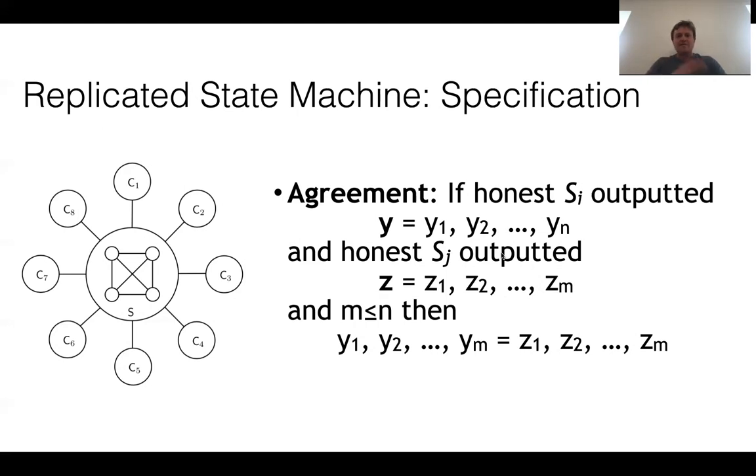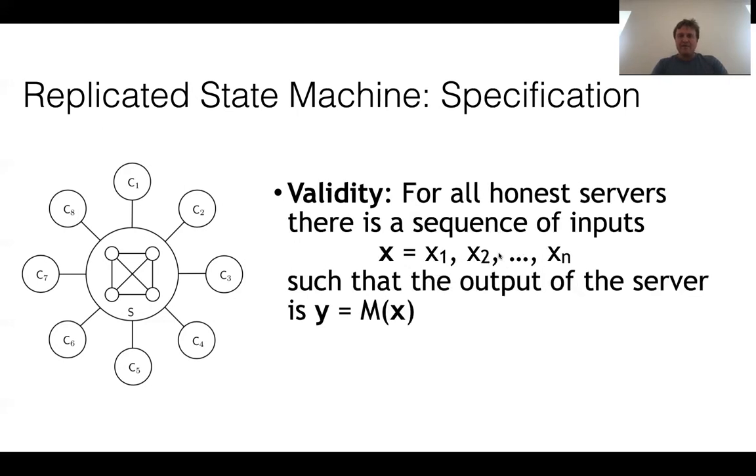Then there are other properties you would like to add here. For example, of course, these inputs over here should not just be any kind of inputs. It should be the inputs that were actually given to the system.